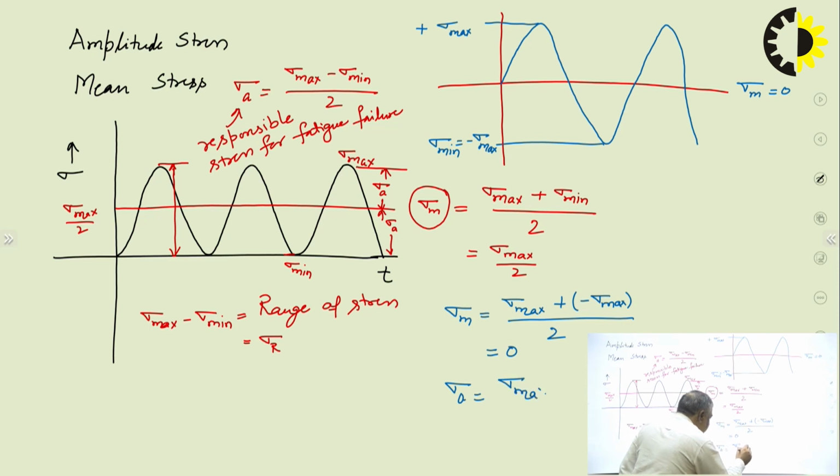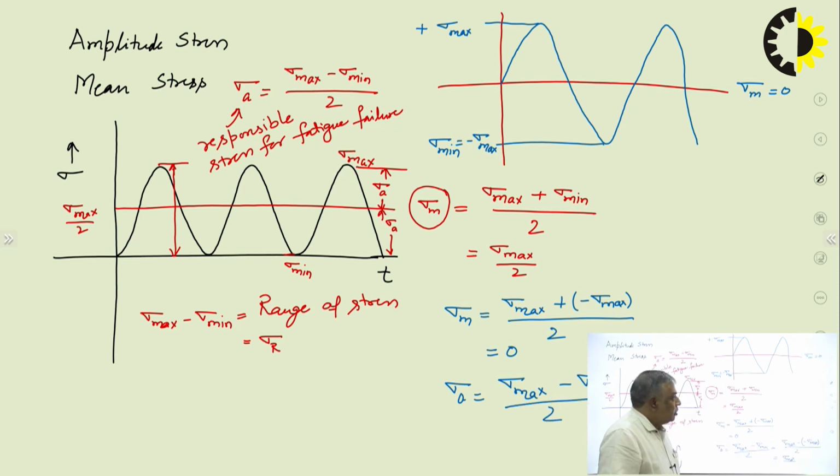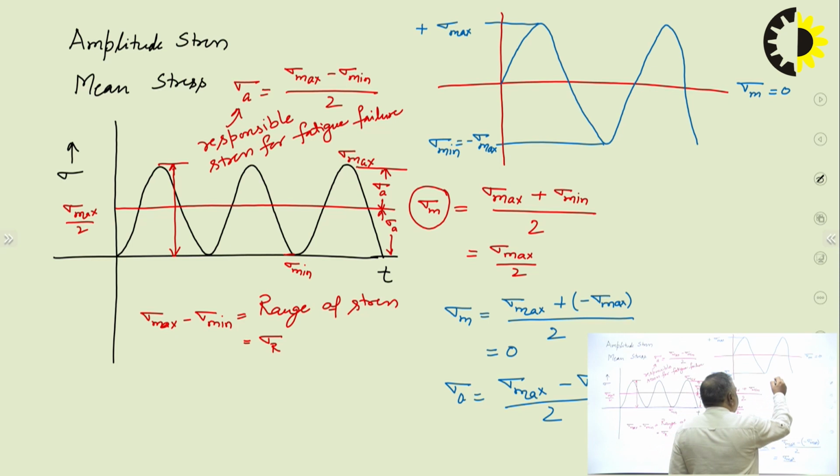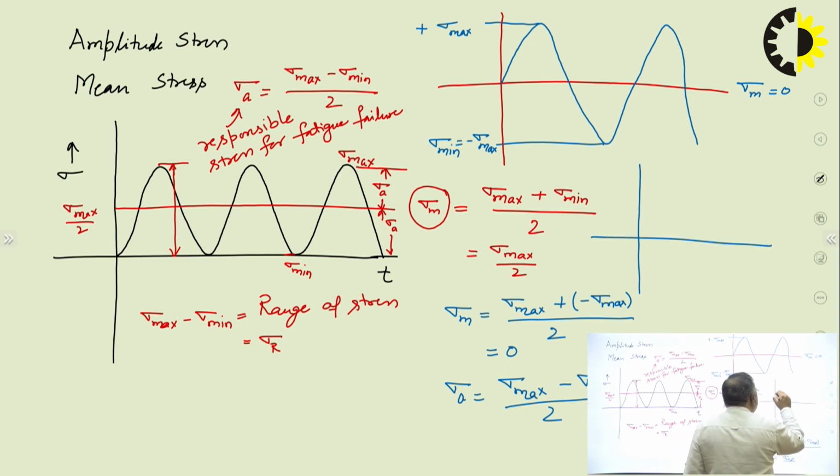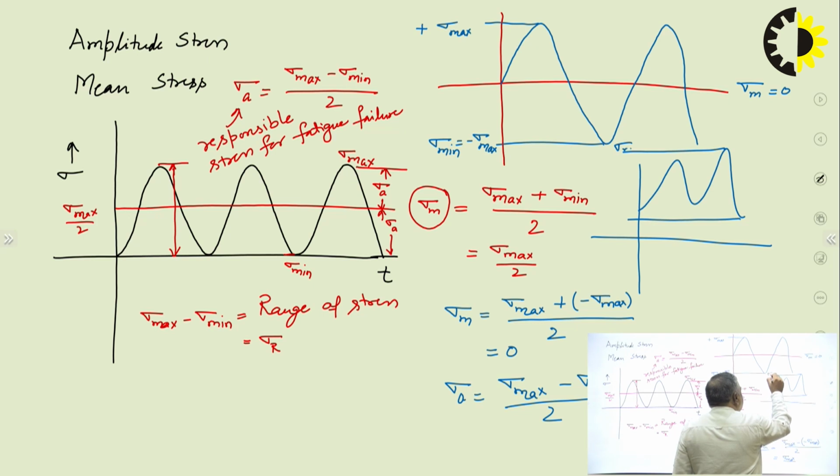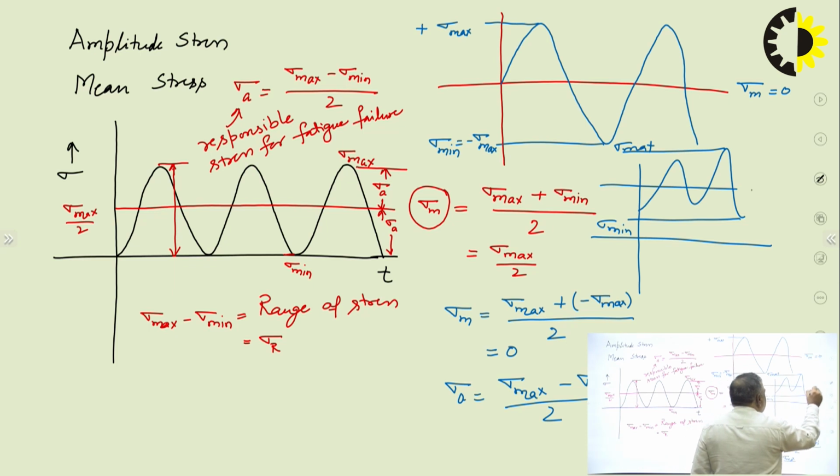Sigma max minus sigma minimum divided by 2 gives the amplitude. So this is completely reversible stress, and similarly, in general, if sigma max and sigma minimum have some values, we will have the same formulas for sigma m and sigma a.